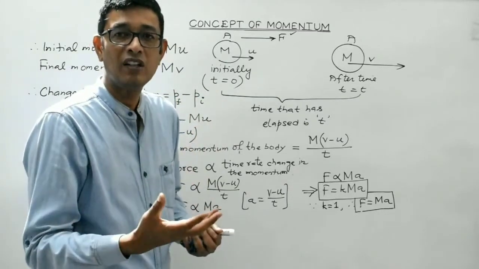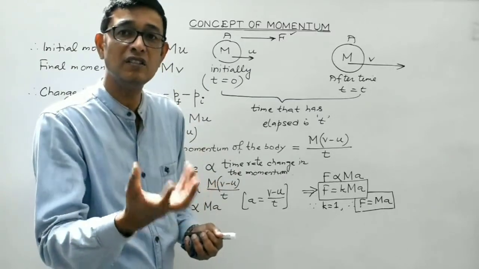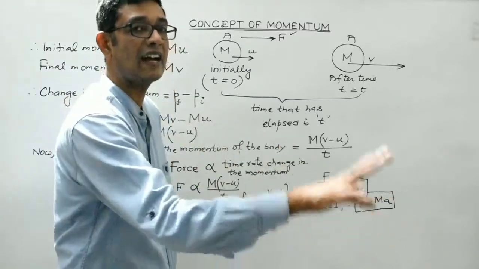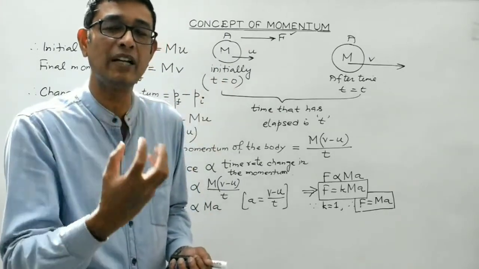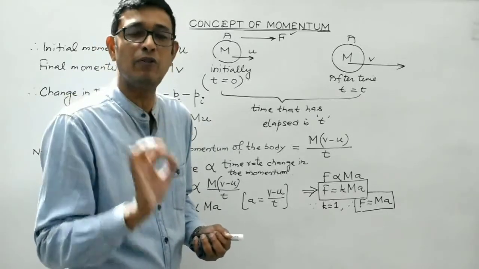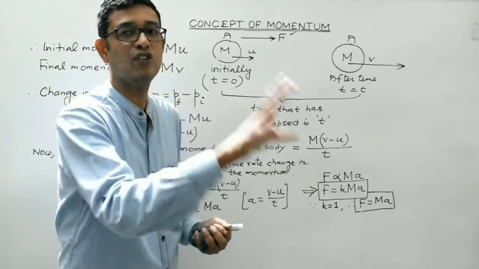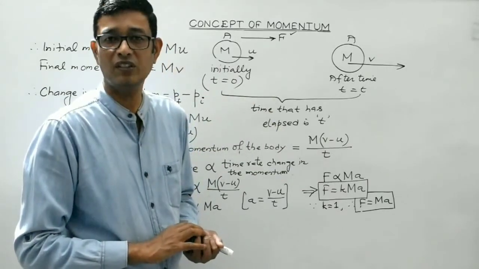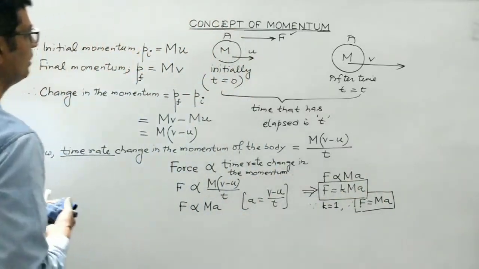Newton's second law gives us a method to measure the force which is acting on a body. It concerns the time rate change in the momentum of the body. So by measuring the time rate change in the momentum of a body, we can measure the force acting on that body. Clear, students? So now let's discuss this term, F is equal to ma.